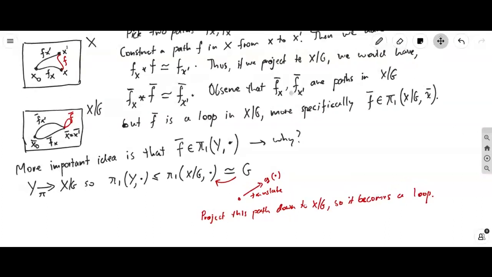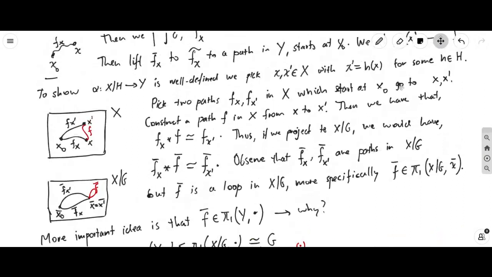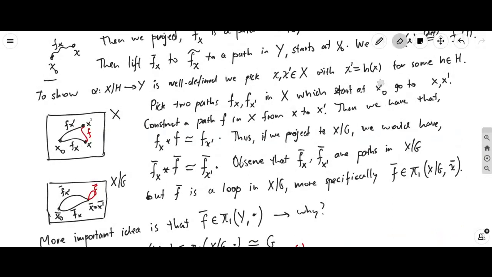This is exactly what we're doing right now. Notice that we have a point X. We took that point X and we translated it. But what are we using? We're using this H. We're using something that's coming from this subgroup H. So we're moving this point by using this H. Now if we take that path and project it down to the quotient, we get a loop.